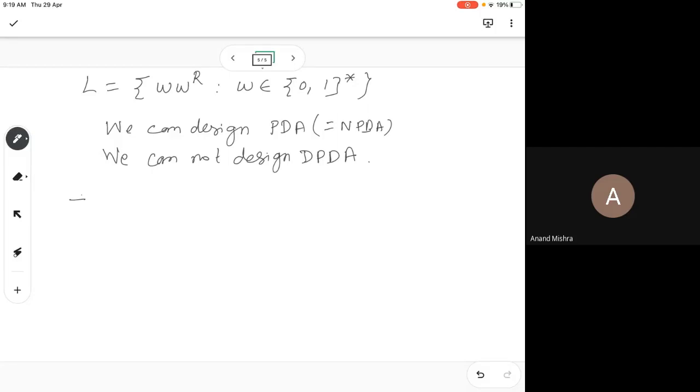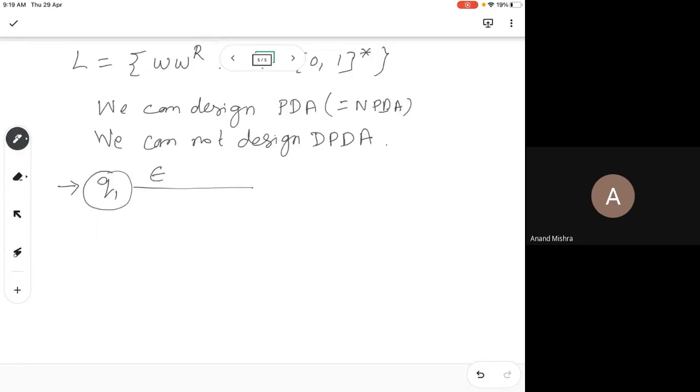So if you remember, this is what we have drawn already. You have a state Q1, and without reading anything, you can go to the next state and just push the dollar. If there is 0, you will push 0. If 1, you will push 1.